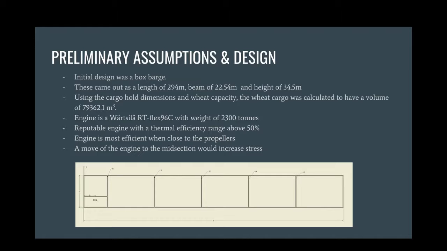The engine is a Wärtsilä engine with a weight of 2,300 tons, and we did some research, and this is a reputable engine with a thermal efficiency above 50%. So it's a really efficient engine when it comes to working with the propellers. We considered moving the engine to the midsection, but we decided that this would increase the stress of the ship, which we did not want.